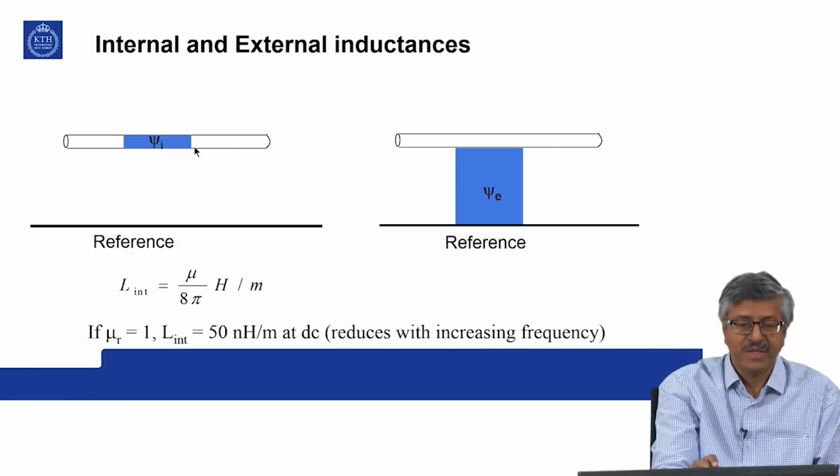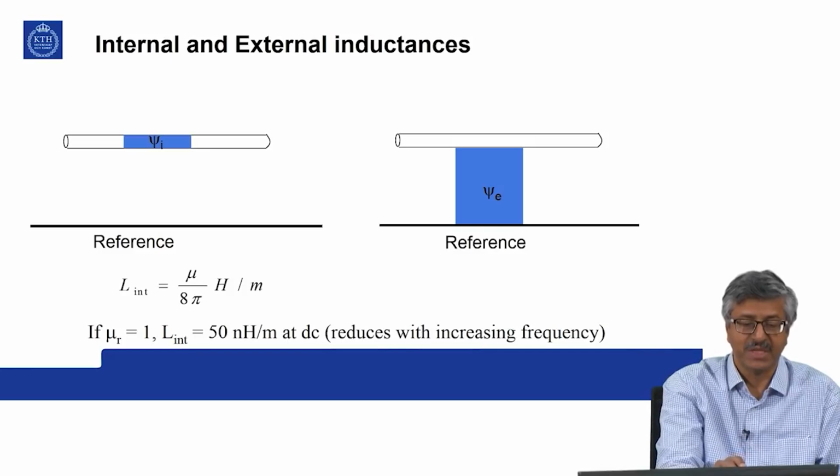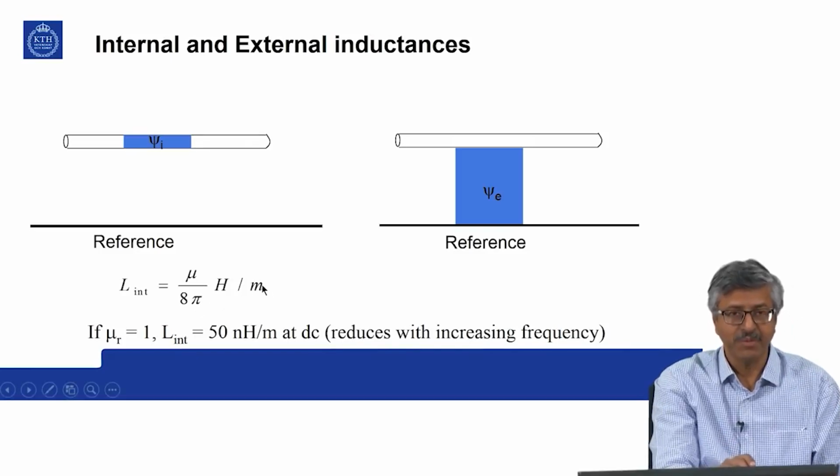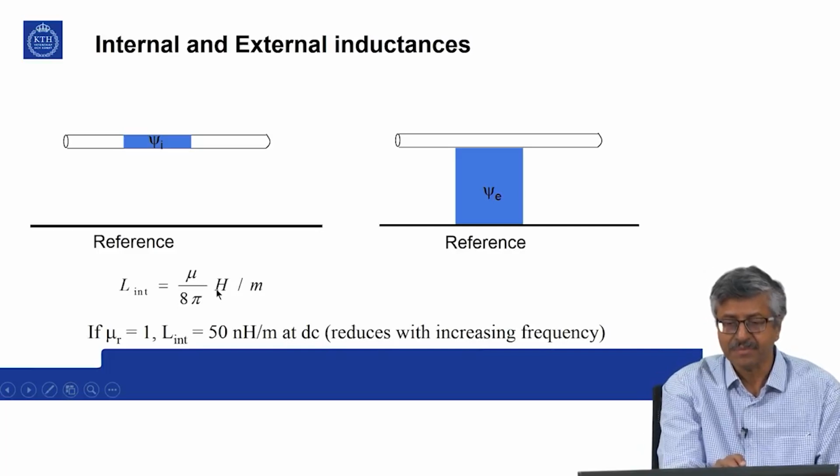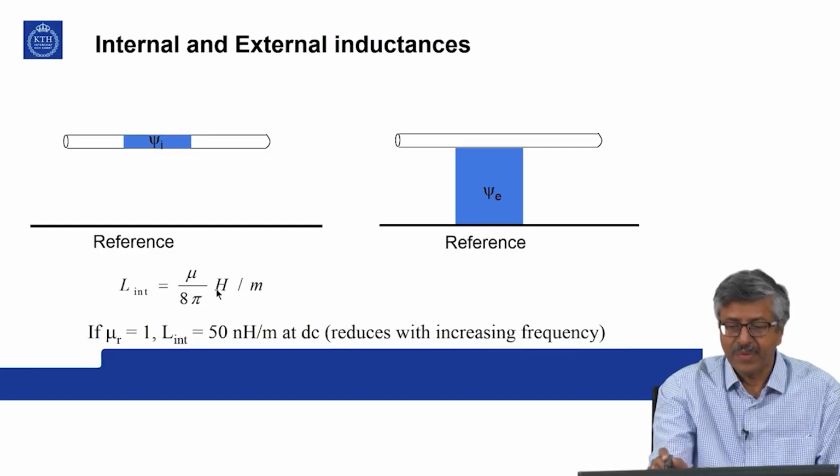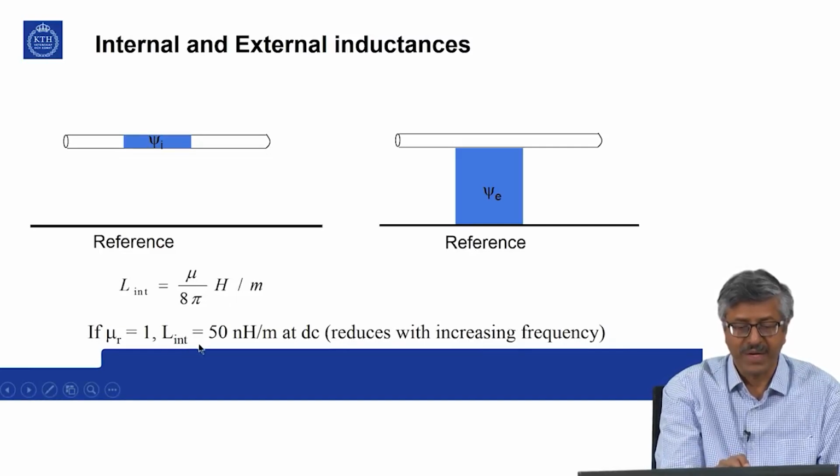For DC and for low frequencies, you can find that internal inductance is nothing but mu by 8 pi Henry per meter. For copper conductors, internal inductance, mu by 8 pi, will be around 50 nano Henry per meter.